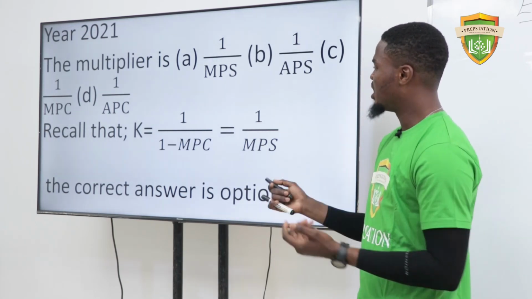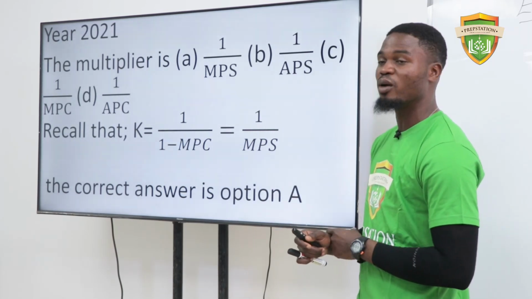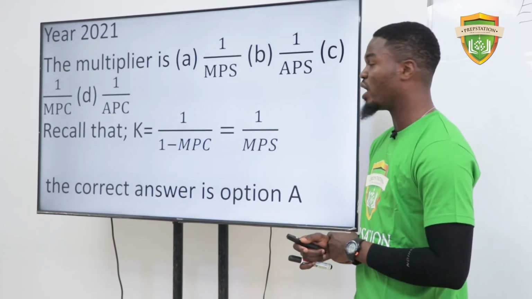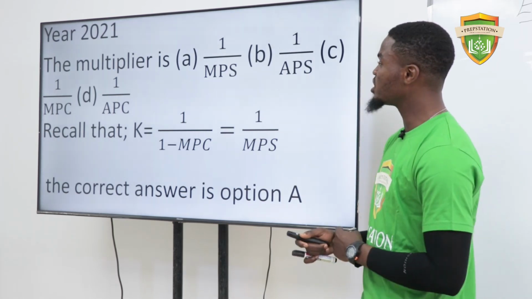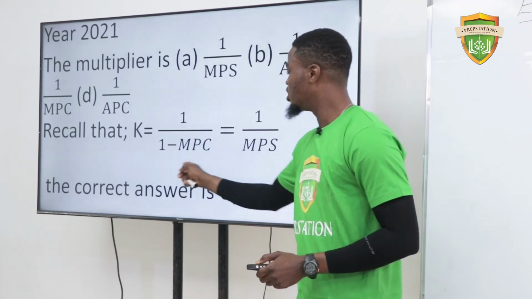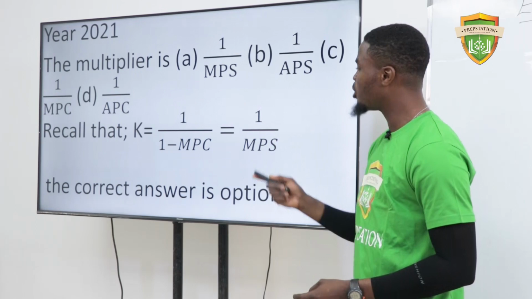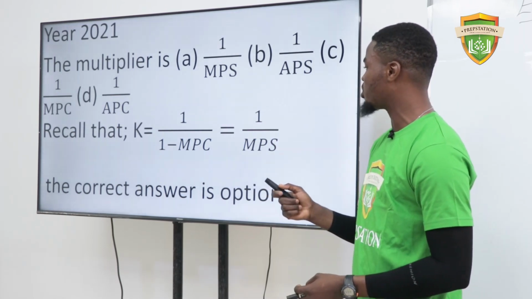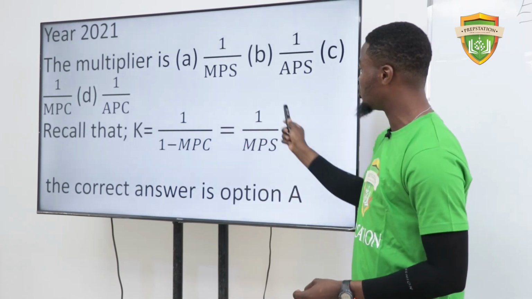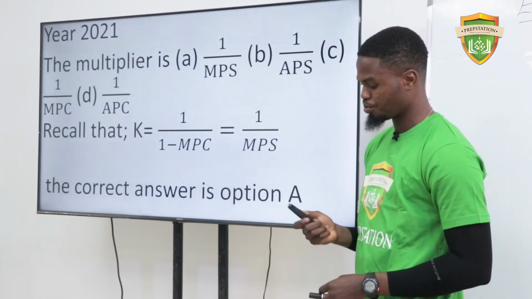So recall that the formula is K equals 1 divided by 1 minus MPC, or 1 divided by MPS. So in this question, we are not given this. So the appropriate formula that applies to the multiplier concept is this, and you have it in your option as option A. So that's the correct answer for this question.